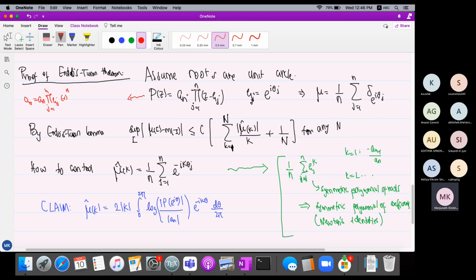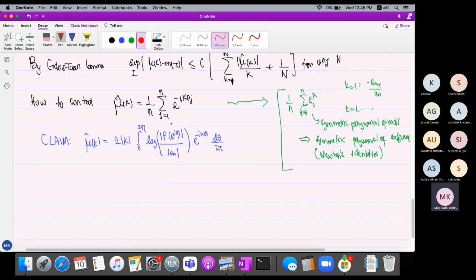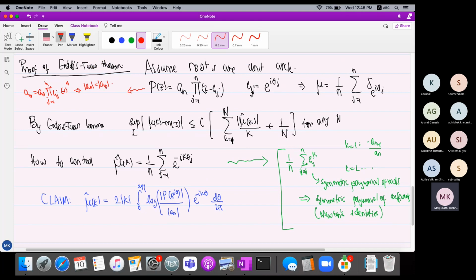The constant coefficient is a_n times the product of these roots times minus 1 to the n, which implies that a naught and a_n have the same absolute value if all the roots are on the unit circle. So what I have as mod a_n, you can also write as square root of a naught times a_n. So that's why that is not showing up, but this is more or less getting it in the form that we want.